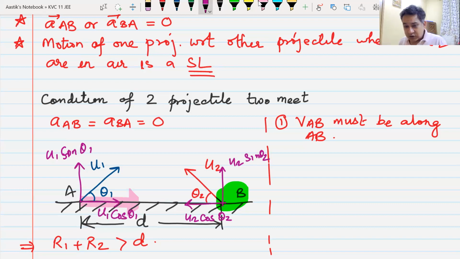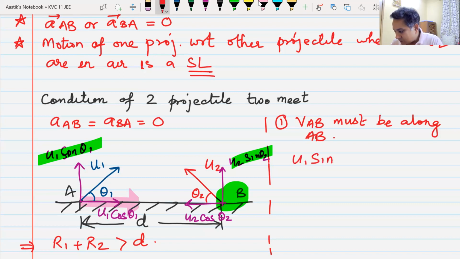Now, the relative velocity of A with respect to B should be along the line. That means these two components should cancel each other out. Otherwise, the velocity will not be along AB. So the condition in this case becomes u1 sin theta 1 equals u2 sin theta 2. Do we understand this? Yes or no?